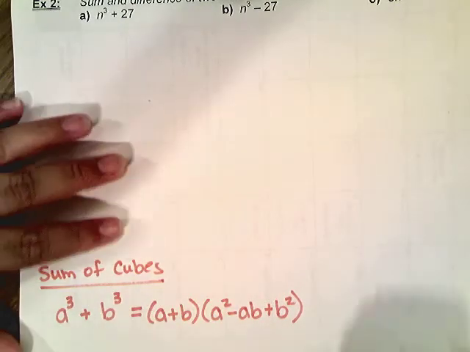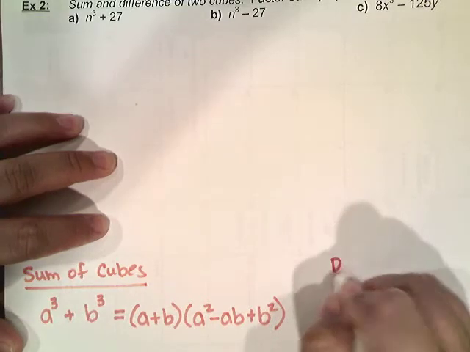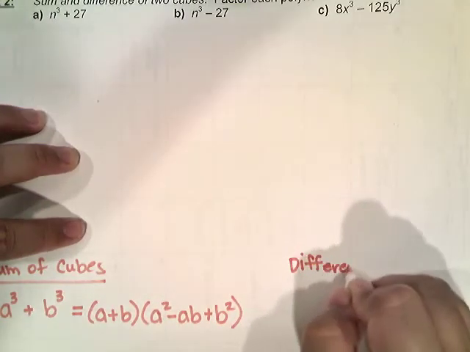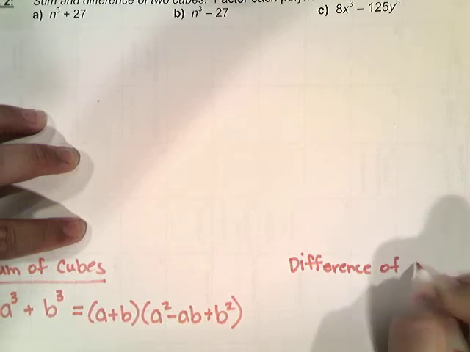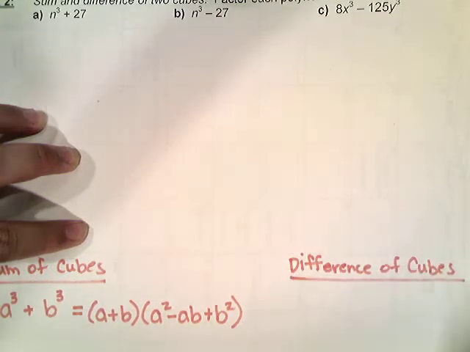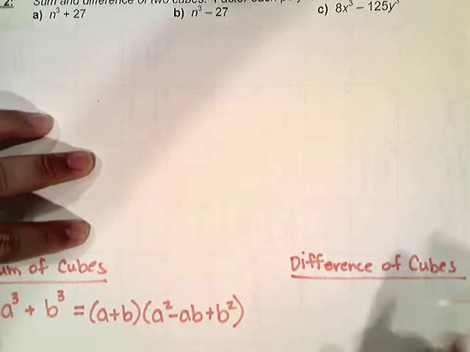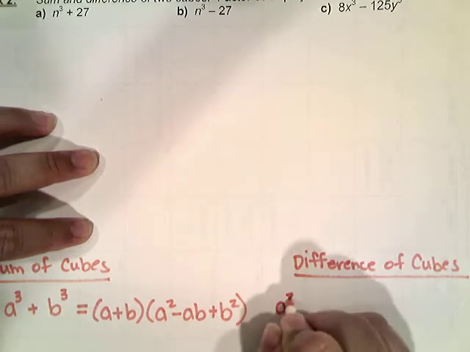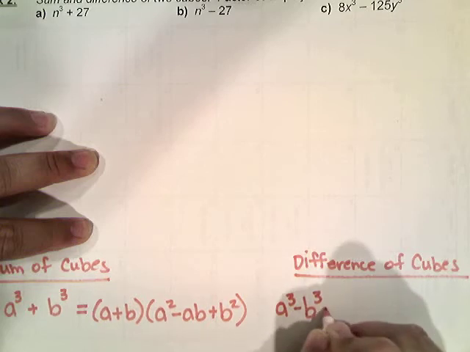Now likewise, if we have our difference of cubes, let's go over here. Can you see all that? All right, you can. Okay, if we have the difference of it, it's going to look very similar to the original, but instead it's going to be a cubed minus b cubed.